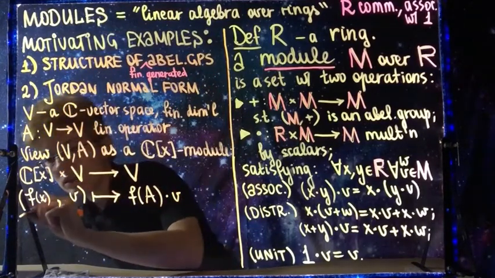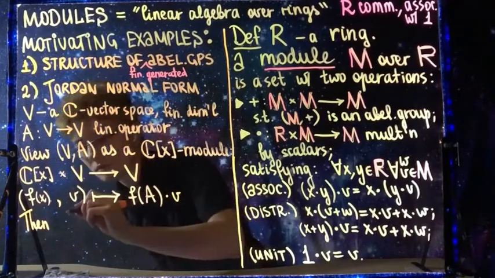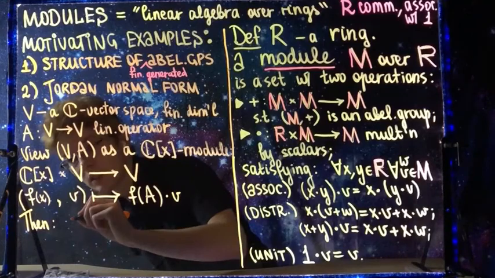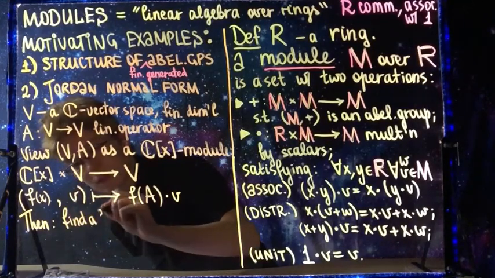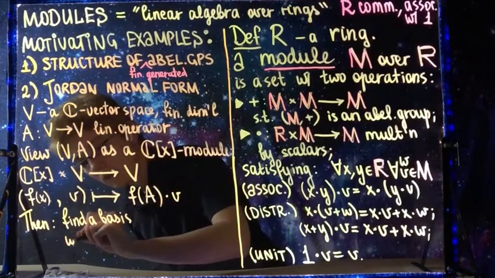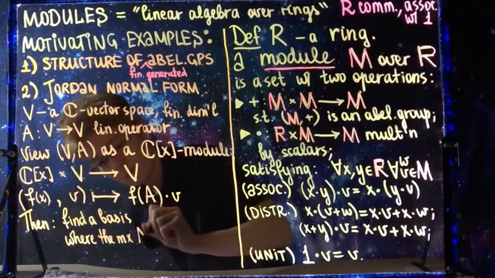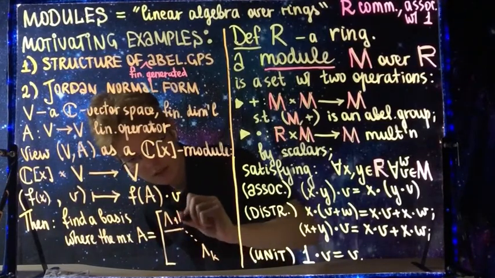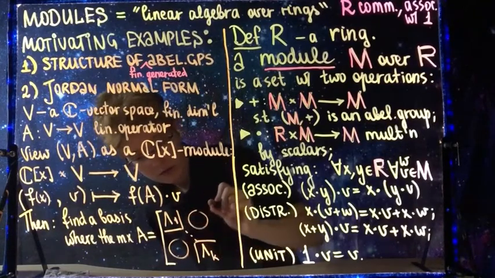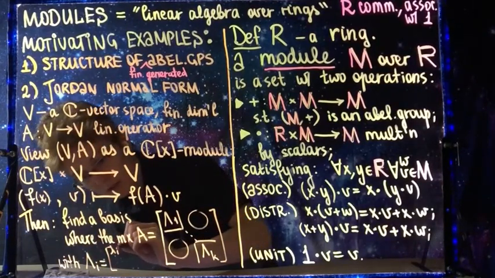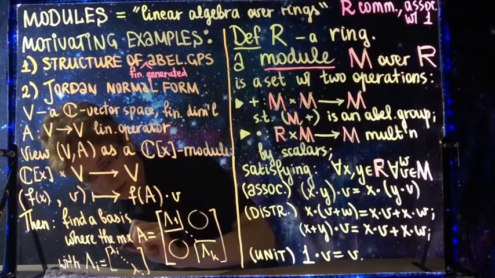Then Jordan normal form says that you can find a basis where your matrix A looks like lambda 1 through lambda k, and these are the Jordan blocks with lambda i equal to scalars lambda i, etc. lambda i, and off diagonal we have 1 through 1, 0 and 0.